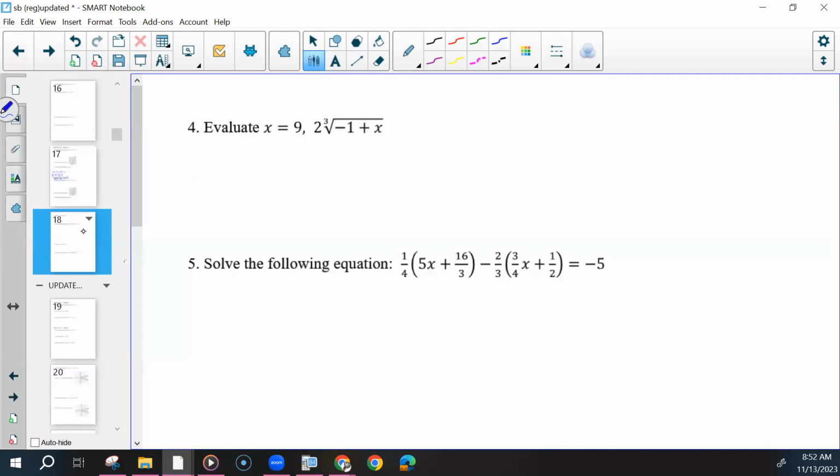All right, number 4, we are evaluating. Put 9 in where x is. It would be 2 times the cube root of negative 1 plus 9. On the inside, we can combine negative 1 and 9 to get 8.